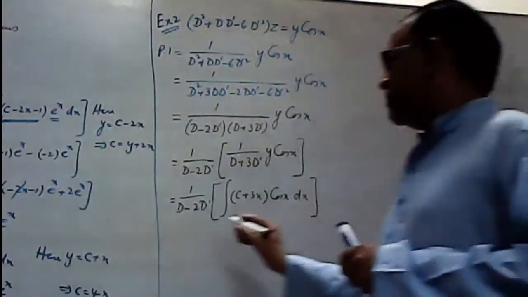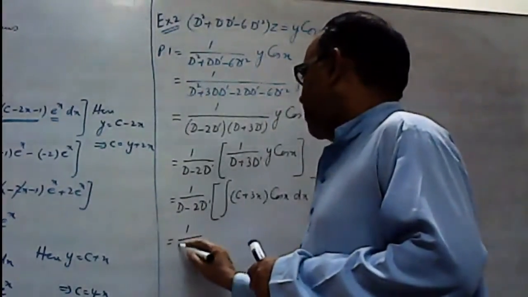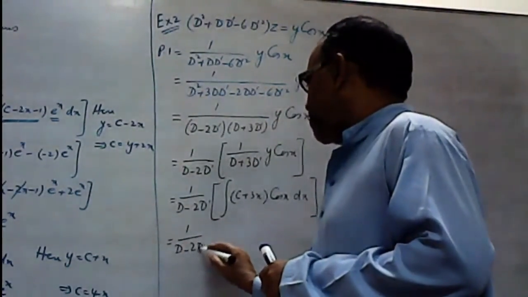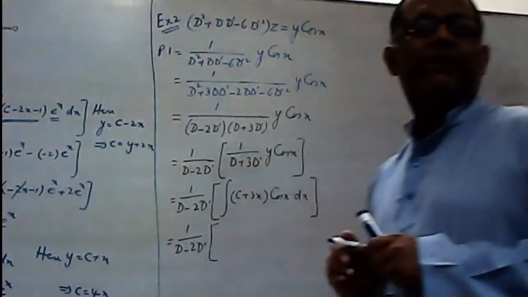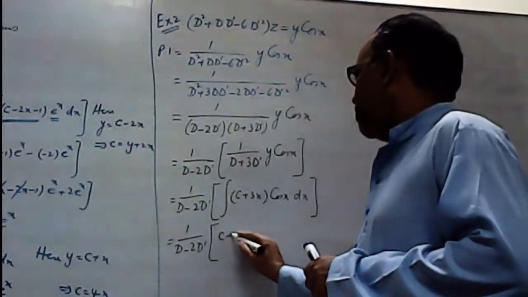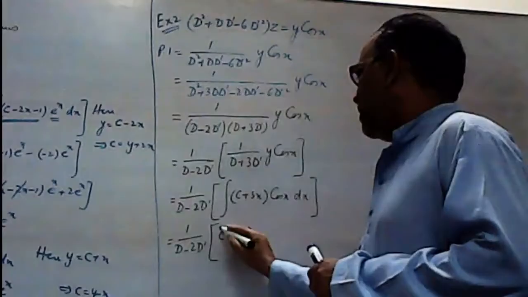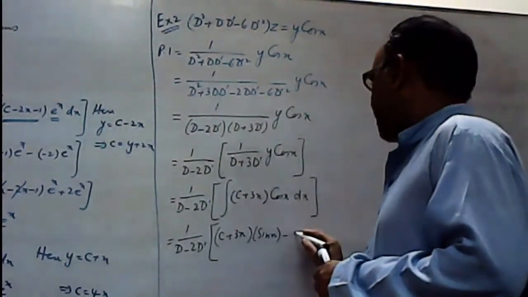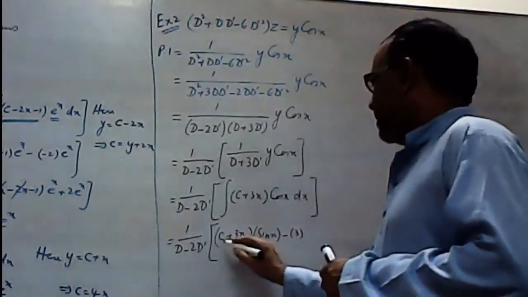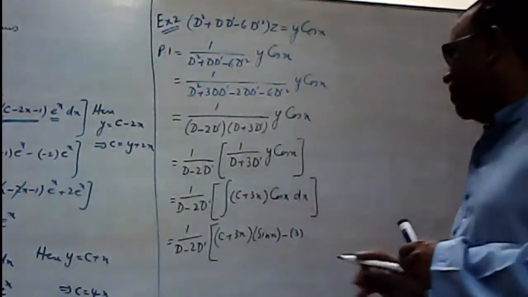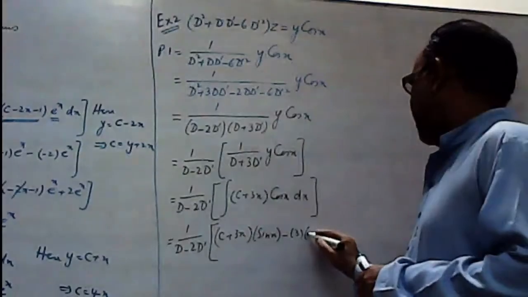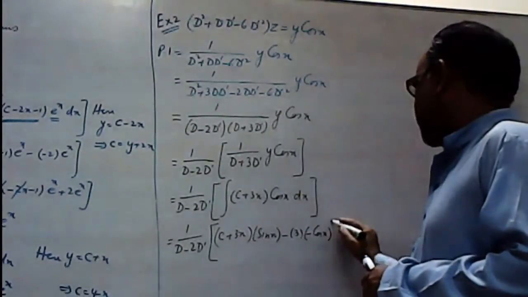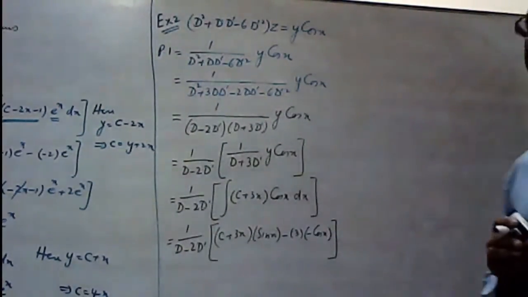Then again, using the by parts formula, for 1 upon (D - 2D'), we have u into the integral of v. The integral of cos x is sin x. Then the derivative of this thing is 3, and the derivative of sin x is minus cos x, and this concludes.